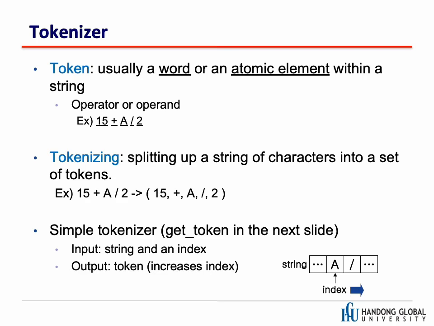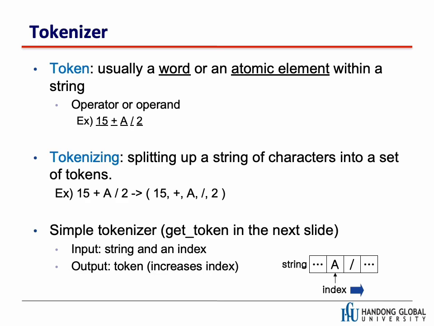Tokenizing is not a simple process, because as you can see here, one token can be just one character, but sometimes it can be 2 or 3 characters. Sometimes white space is a good delimiter, but sometimes we don't have white space between the operand and operator, like in this example, A divided by 2.